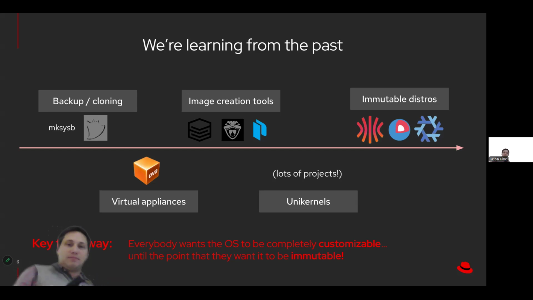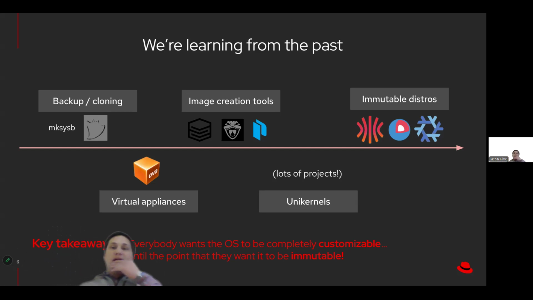Anyway, image creation tools. Packer, for example, has a very rich configuration language where you can define how to deploy the system up front. You do the configuration, you create a disk image, and then you can deploy that.